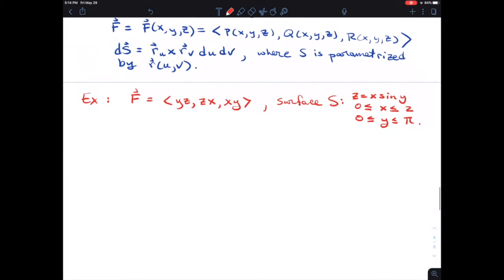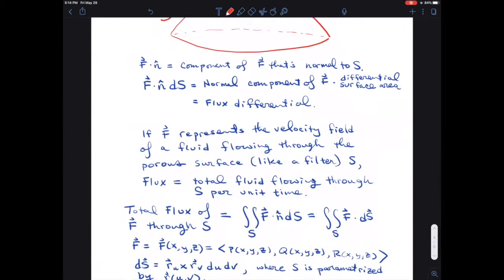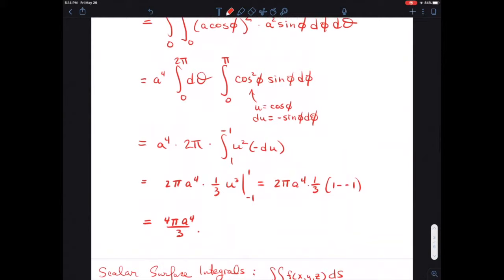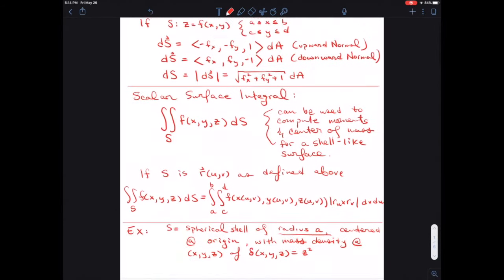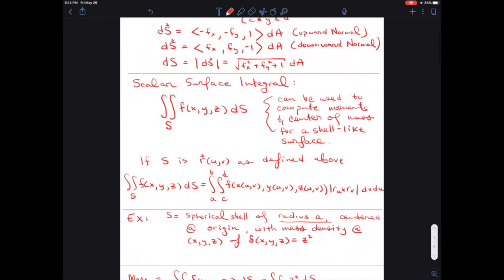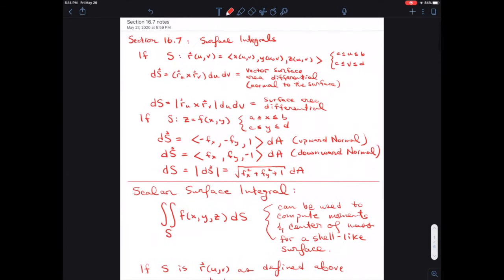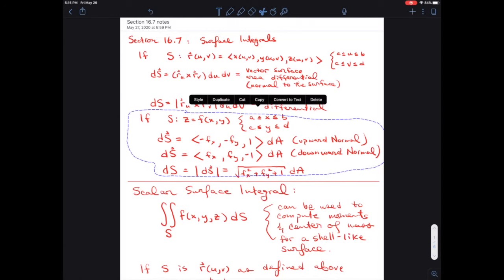Okay. So there was another scenario that I'm going to copy and paste down from our prior discussion. So let's see here. We also have this expression here that I'm going to copy back to our notes down below, because dS can take a different form depending on how it's defined.